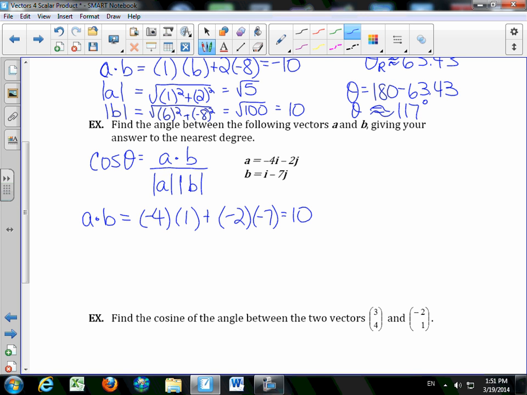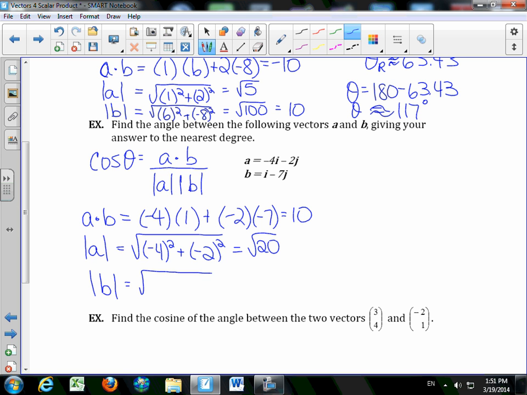And then the length of A is going to be the square root of -4 squared plus -2 squared. And you can just correct me if I plug the wrong number in here somewhere. So it's going to be 16 plus 4, so root 20. And then B is going to be the square root of 1 squared plus negative 7 squared, which is the square root of 50.